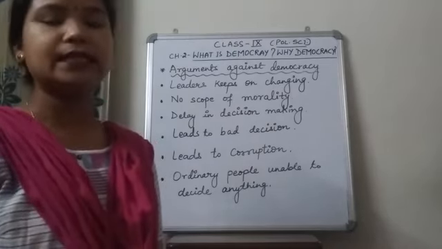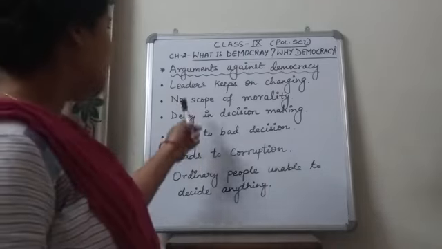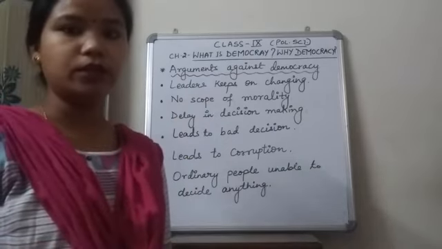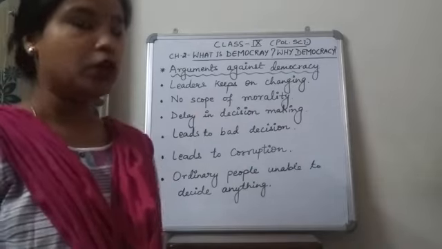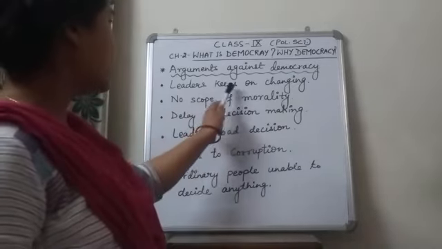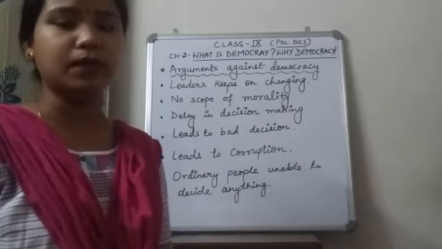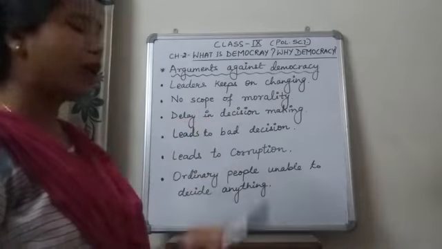So it creates a kind of instability in the country, and the people are not able to follow the same rules and regulations under different leaders. So when the leaders keep on changing in a democracy, it creates instability in the country. Now the second point says that there is no scope of morality.